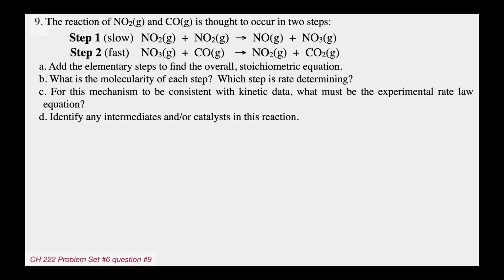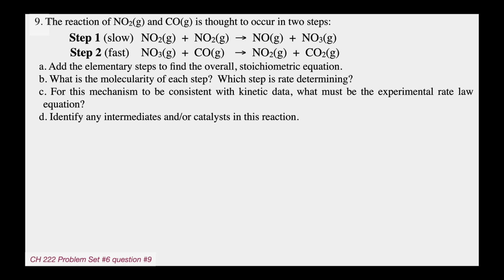The reaction of NO2 and CO is thought to occur in 2 steps, and you can see there's step 1 and step 2. Notice that step 1 says slow and step 2 says fast, and that'll be important for us. All right, first one, add the elementary steps to find the overall stoichiometric equation. Okay, so what we're looking at here, this is a mechanism, and a mechanism is how reactants go to products.